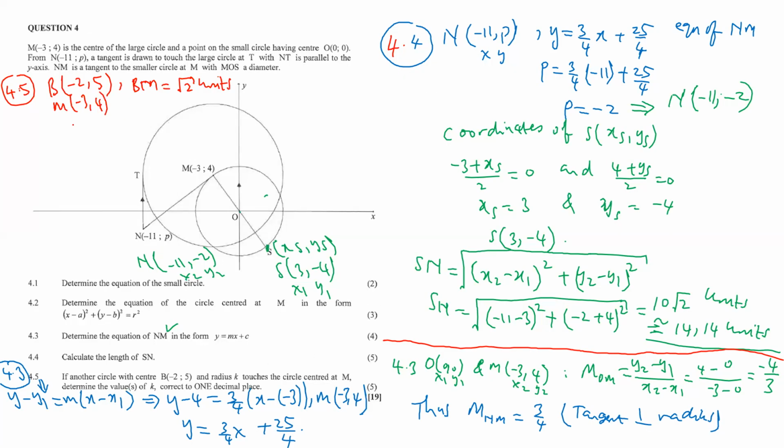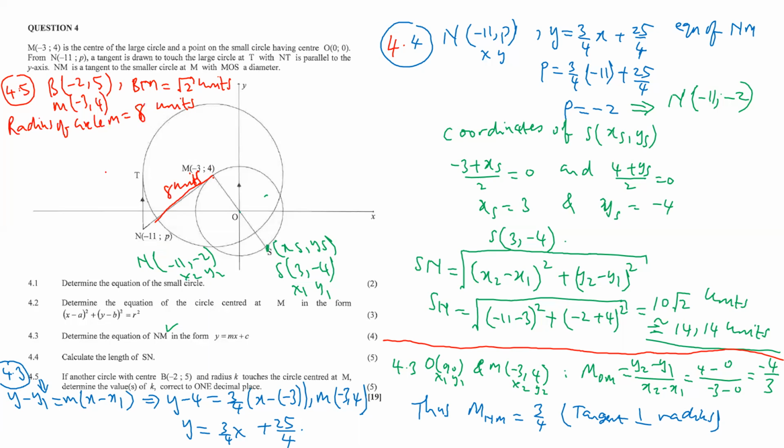So in other words, the radius of circle M is 8 units. We saw that one before. The distance between here and there is just 8 units.